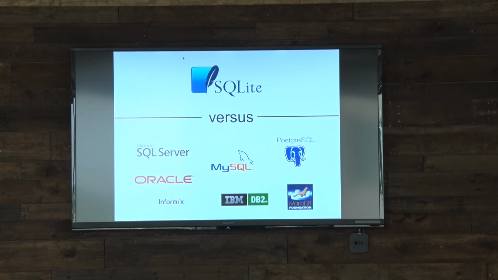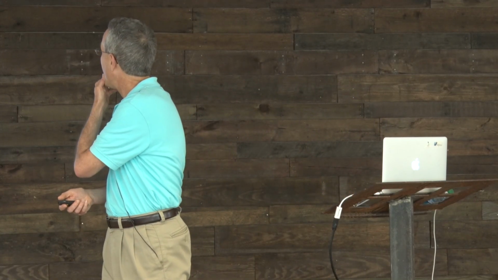So people look at SQLite and say, well, it's just a baby version of these. That's not its purpose. It's trying to solve a very different problem. It happens to speak the same language as these other guys, but it really has a very different focus. So rather than being in competition with these others, we say that SQLite is in addition to these other guys. You use them both, and that's what this talk is really going to try and drive home.